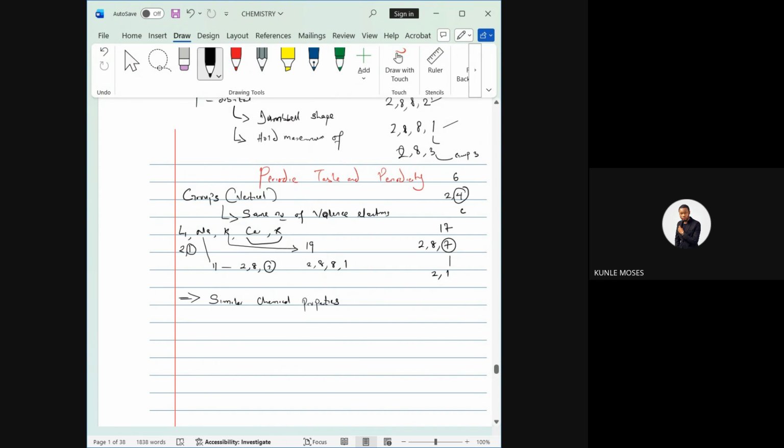Let's say they write magnesium, calcium, sodium, carbon, sulfur, potassium, and they label them figure 1, figure 2, figure 3, figure 4, figure 5, figure 6.